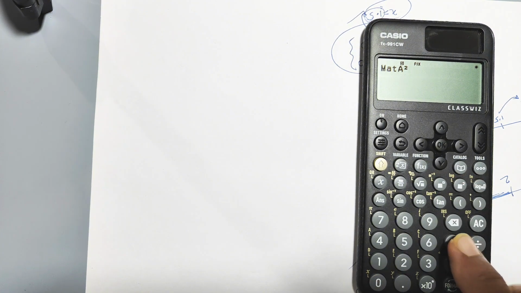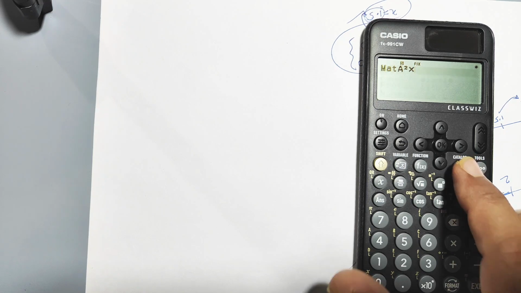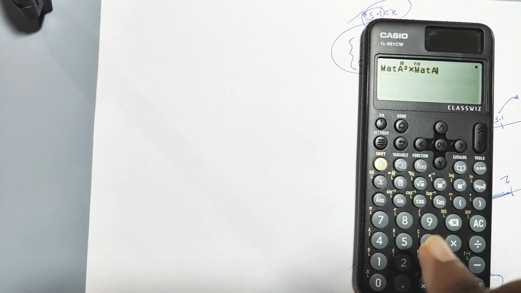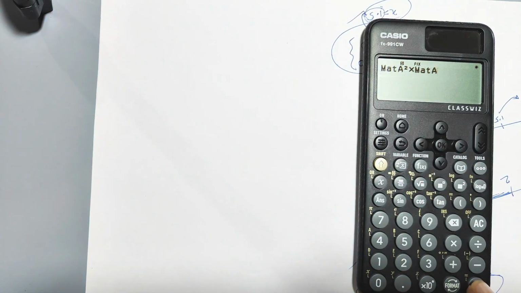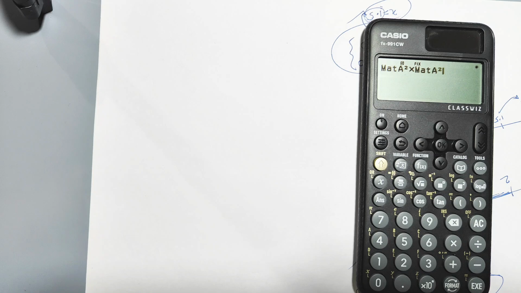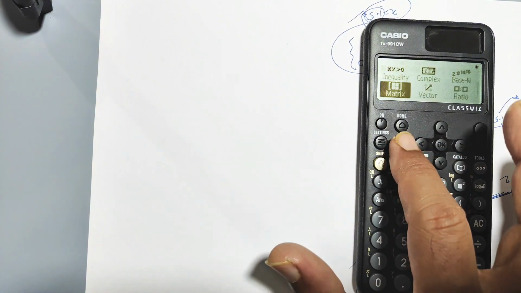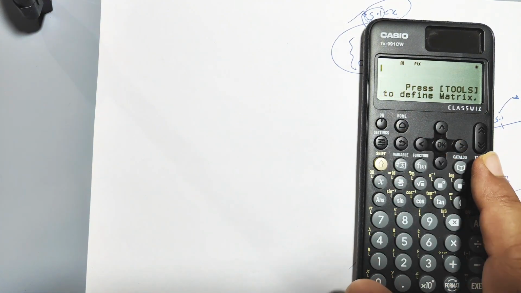A square into A, matrix A. Again, you select matrix A. Now, mat A square into mat A is matrix A cube. This is how we can find A cube. And how do you find A power 4? Here also you square it. Matrix A square into matrix A square is A power 4. So you can find A power 4 like this. But you cannot find more than A power 4, higher degree, right?